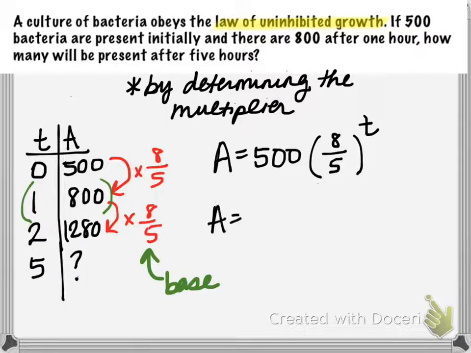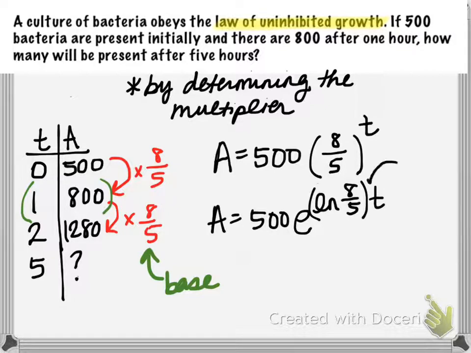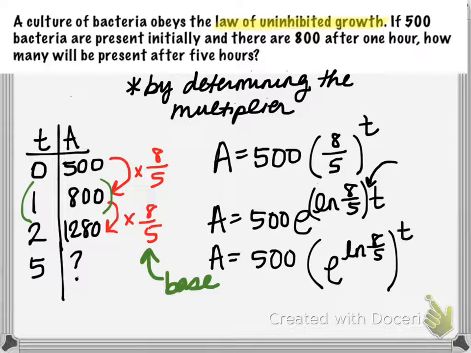So if we have A equals 500 e raised to the natural log of 8/5 times t power, you can see that we have multiplication here in the exponent. So that would allow us to rewrite this as 500 times the quantity e to the natural log of 8/5 power, all raised to the t power.